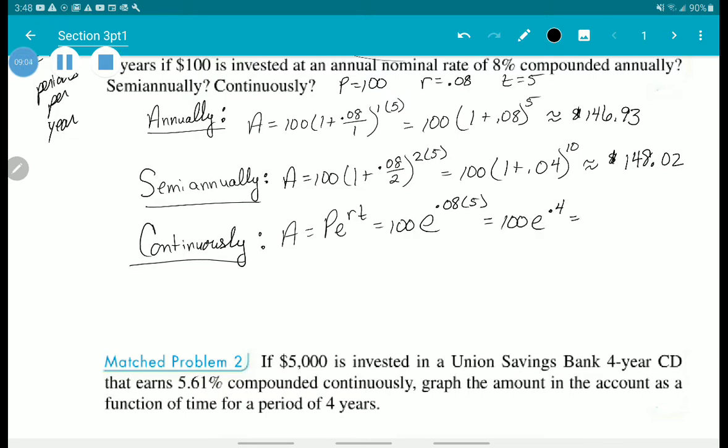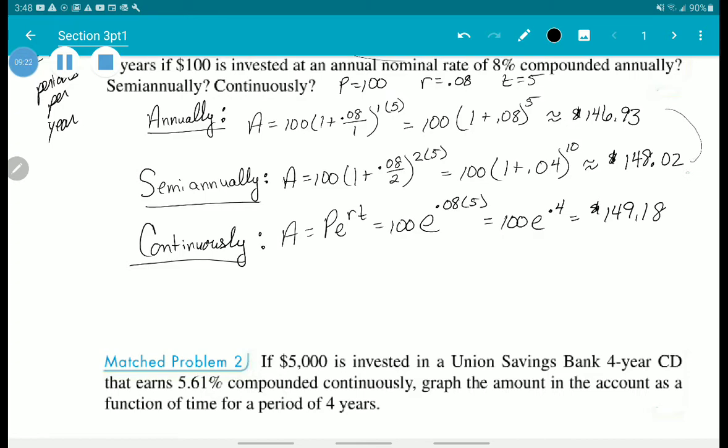I like to simplify the exponent. And I got 149.18 for that. So you can see here, you can kind of see the compounding periods getting closer together here.